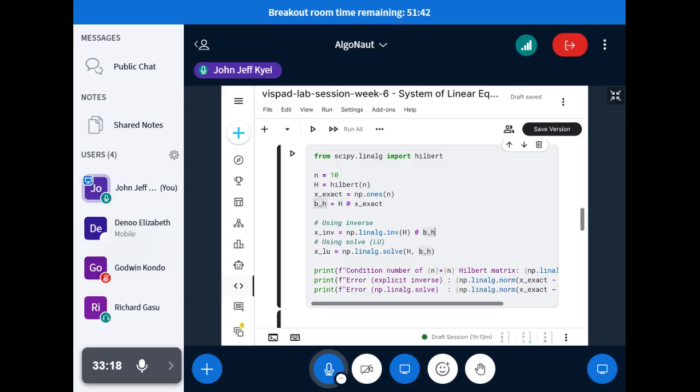Once you do that, you get a vector as your output containing your x and y parameters. If you're solving for x, y, z, you will get it as well. So this is using the inverse approach, and this is using the linear algebra solve approach, which is the recommended one. All right.